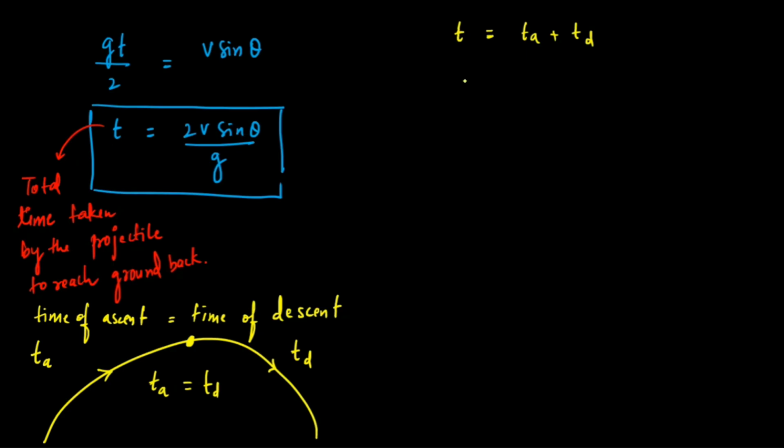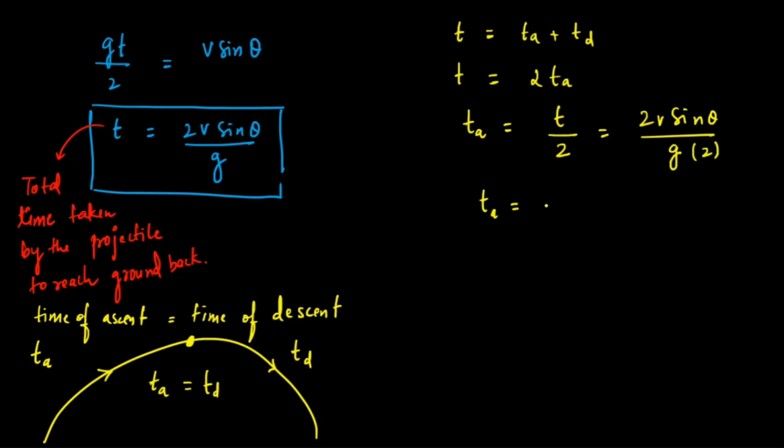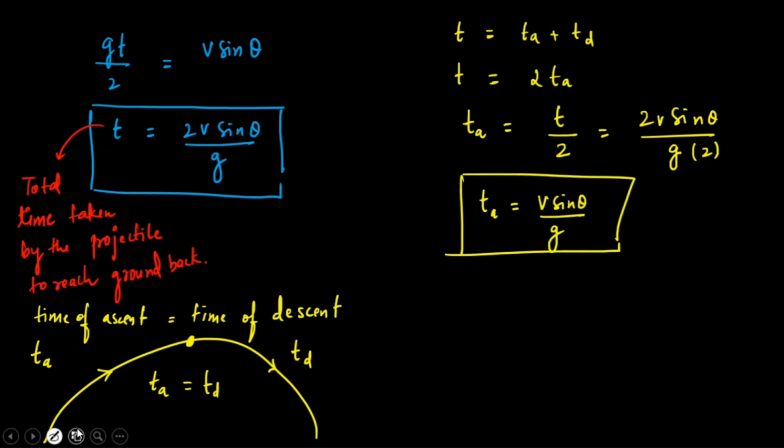From here I can say this T is equal to twice the time of ascent. The time of ascent can be written as T by 2. This T we have already calculated, which is 2V sin theta by g, divided by 2. So this 2 will cancel out the 2 in the numerator and we'll get the time of ascent as V sin theta by g.